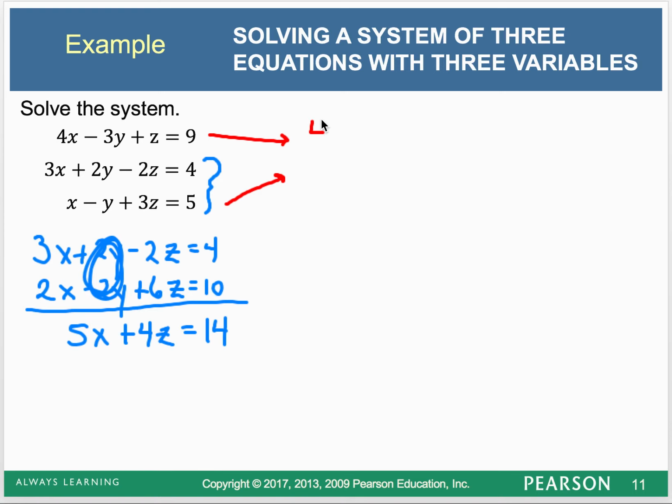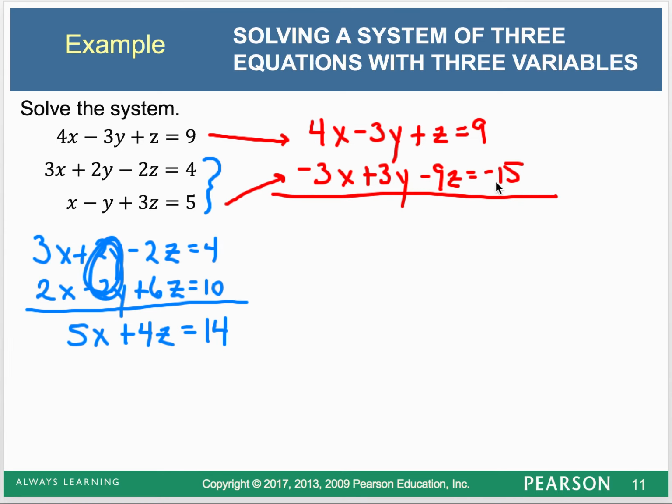So the top one's going to stay the same, but this one I'm going to multiply by -3. So -3x plus 3y minus 9z equals negative 15, multiplying everything by negative 3 so that these get eliminated. So 4x minus 3y is x minus 8z equals negative 6.